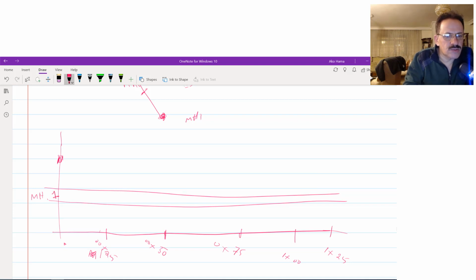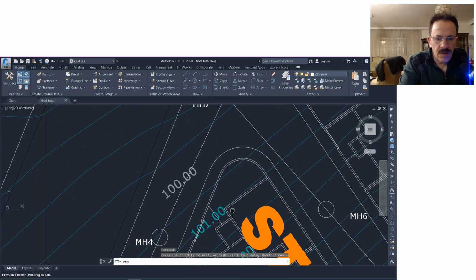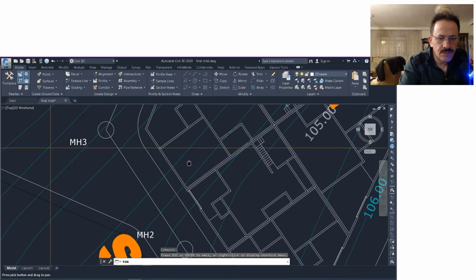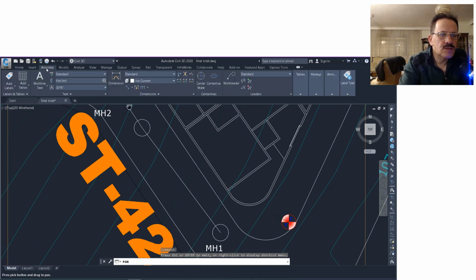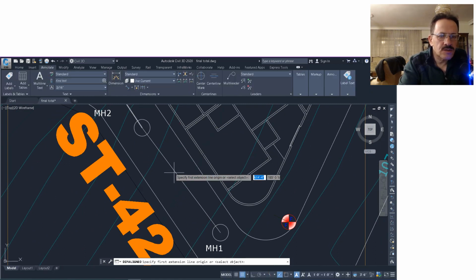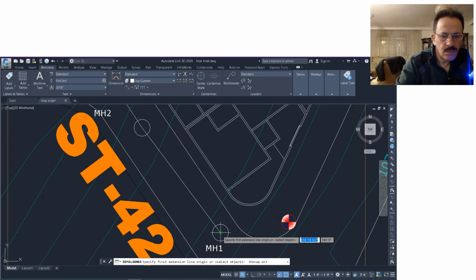Maybe manhole number 2 is located at 30. Maybe here is manhole number 2. I will check this with the location of manhole number 2. How to do that? I will find its location. How much is the distance between this point and this point?